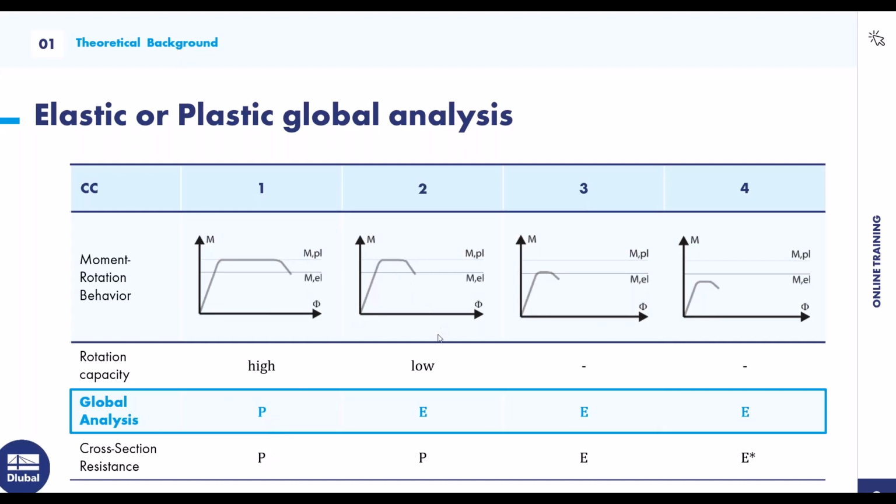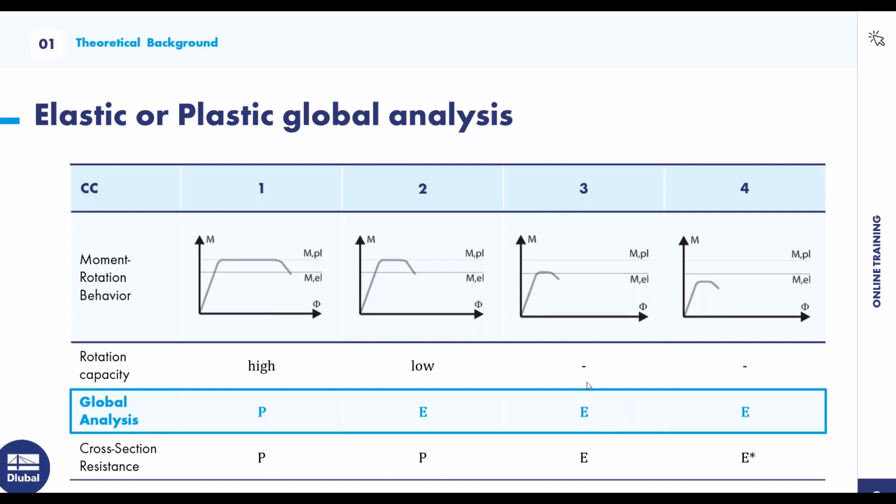Cross-section class 2, which has a low rotation capacity, allows an elastic structure calculation. And as with cross-section class 1, the cross-sectional resistance can also be applied plastically. So the first and the second cross-section class are where you can consider a plastic cross-section resistance.